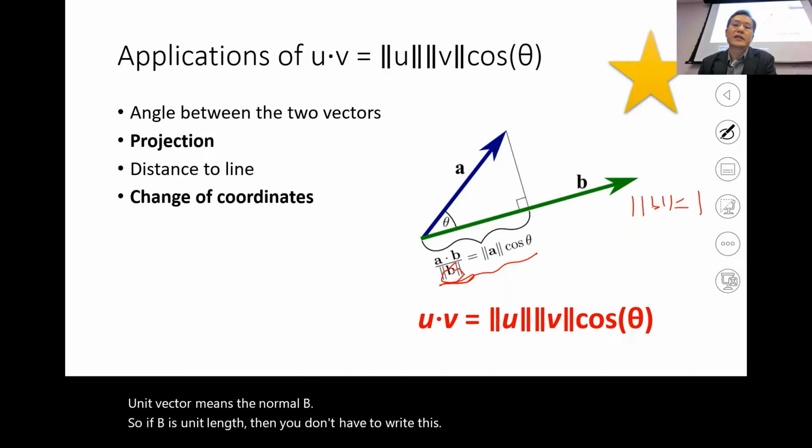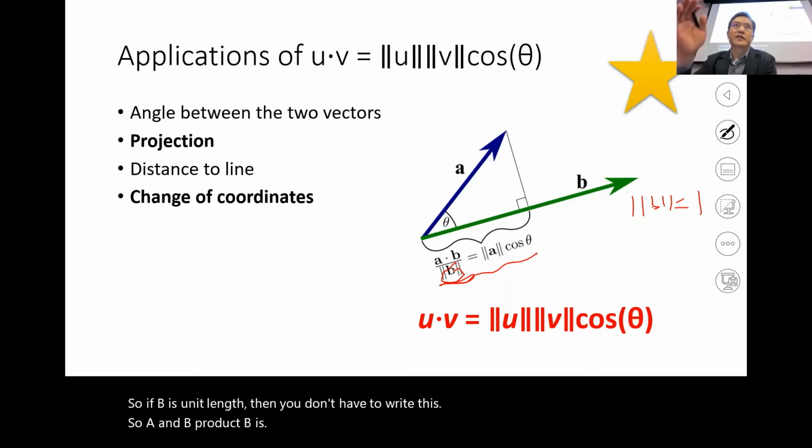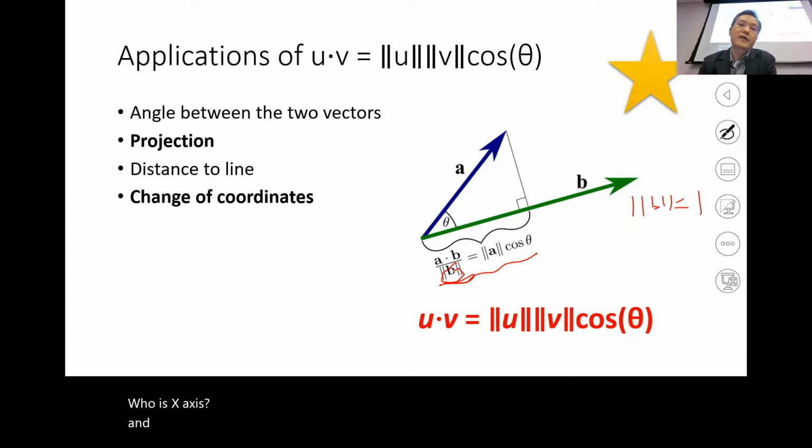So the dot product of A and B is A's coordinate. If you think of B as the x-axis, then at this position, A will be x_A, y_A. This value is actually this one, right?